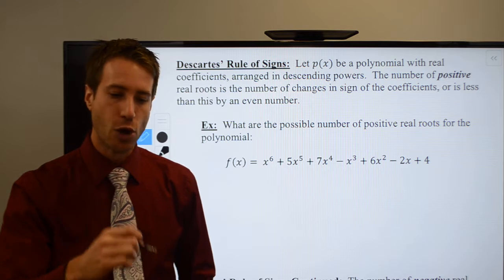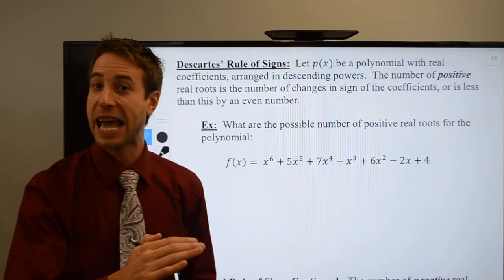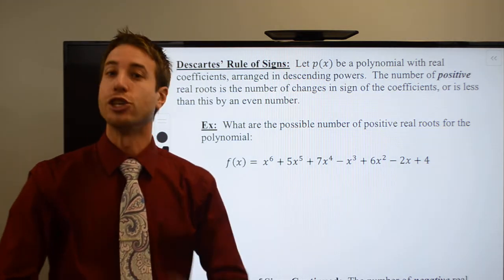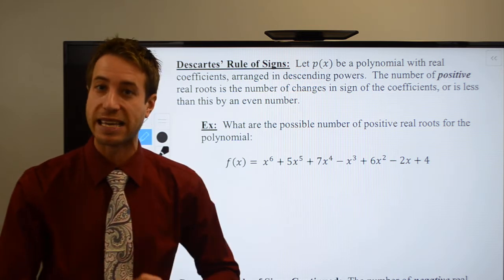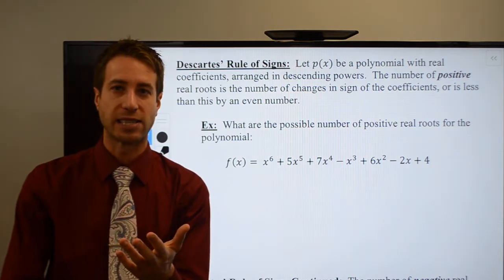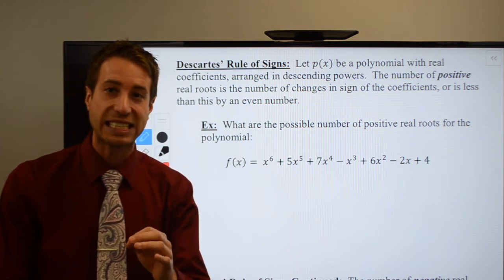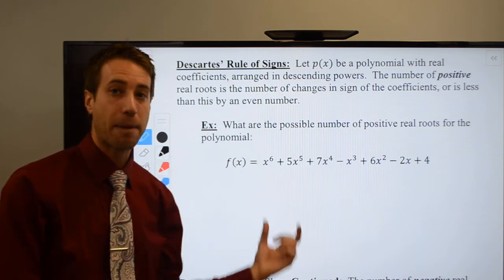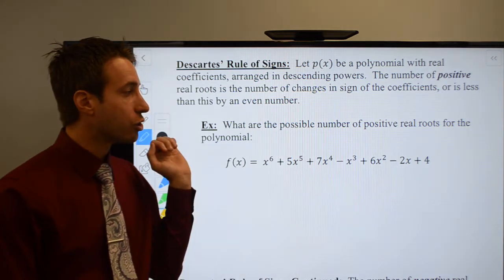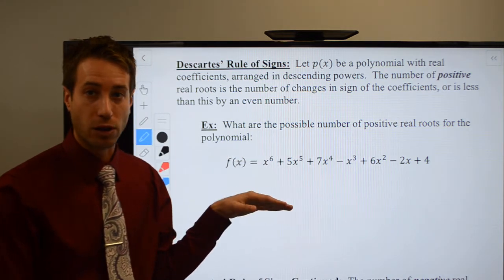Or vice versa, whenever the range values go from negative to positive, you know you must have crossed the x-axis, and we were able to find consecutive integers. Descartes' Rule of Signs is based on that idea, but instead of setting up an xy table, we're just going to look directly at the polynomial.